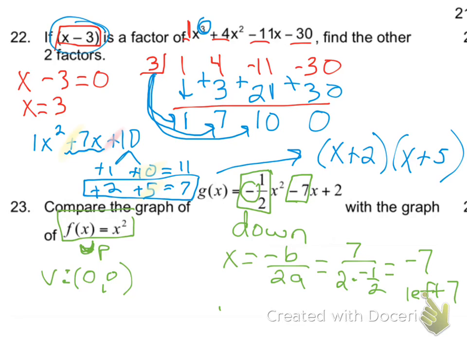Then I have to find the y value of the vertex. You find the y value by plugging in your x value. So I'm going to plug in negative 7 for x: negative 1/2 times negative 7 squared minus 7 times x, which again is negative 7, plus 2.